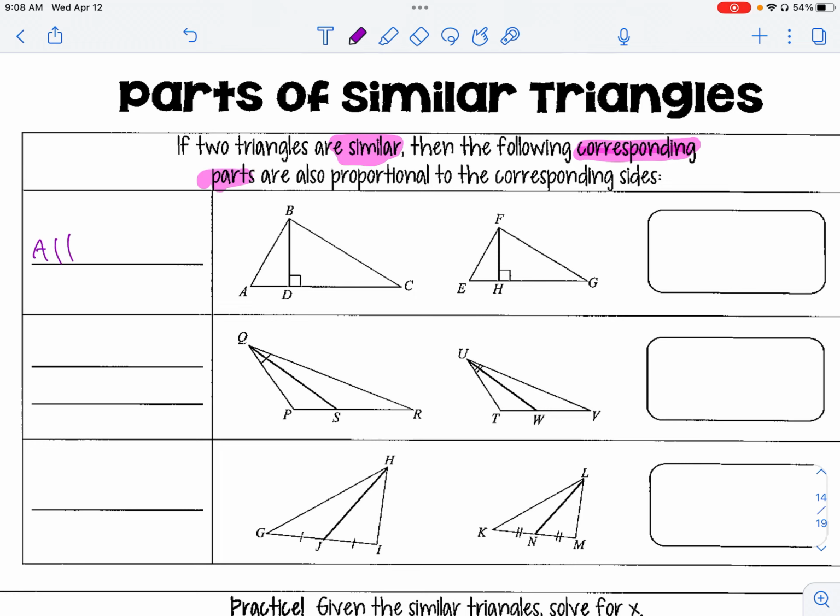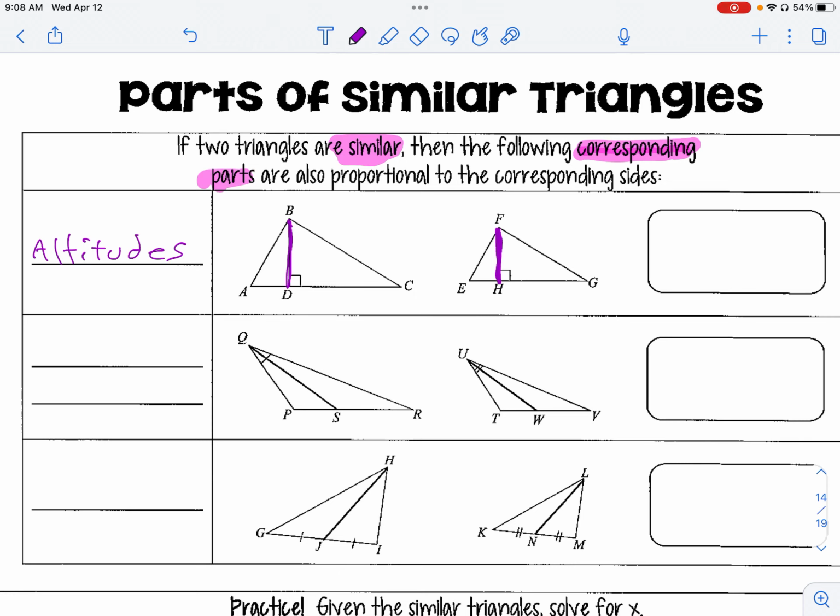So altitudes, which we have here. An altitude connects a side of the triangle to a vertex, and as long as the side and the vertex are corresponding in both, they are going to be proportional.